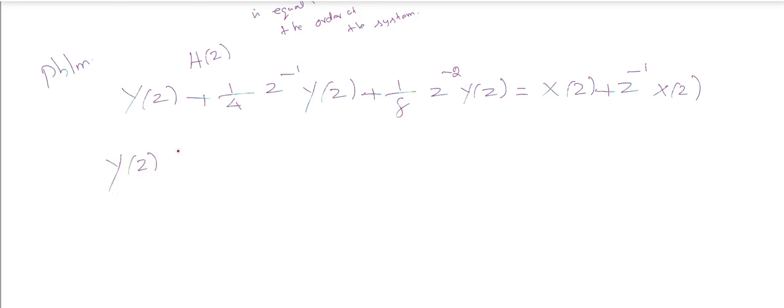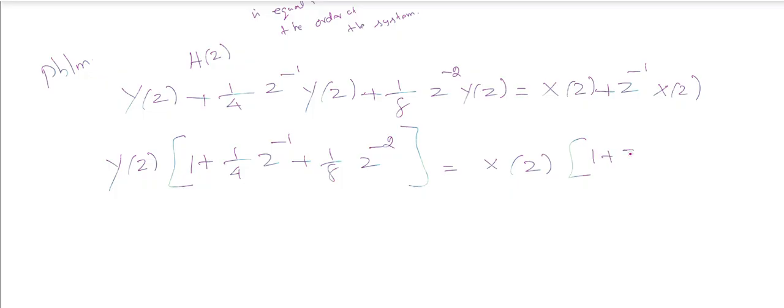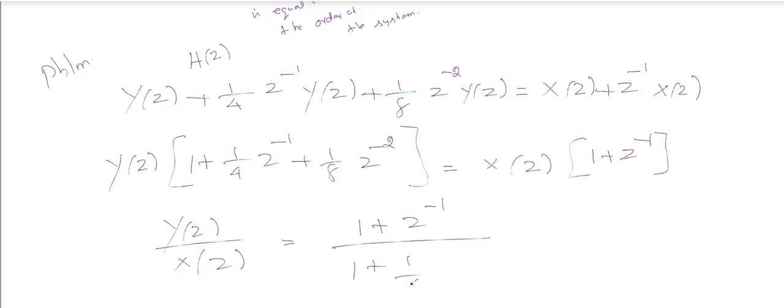Simplify this equation: Y of z times 1 plus 1 by 4 z inverse plus 1 by 8 z minus 2 is equal to X of z times 1 plus z inverse. So the transfer function Y of z by X of z is equal to 1 plus z inverse by 1 plus 1 by 4 z minus 1 plus 1 by 8 z minus 2.